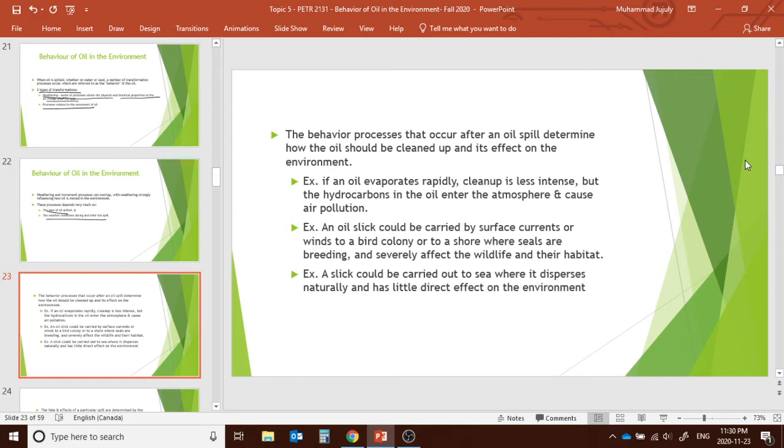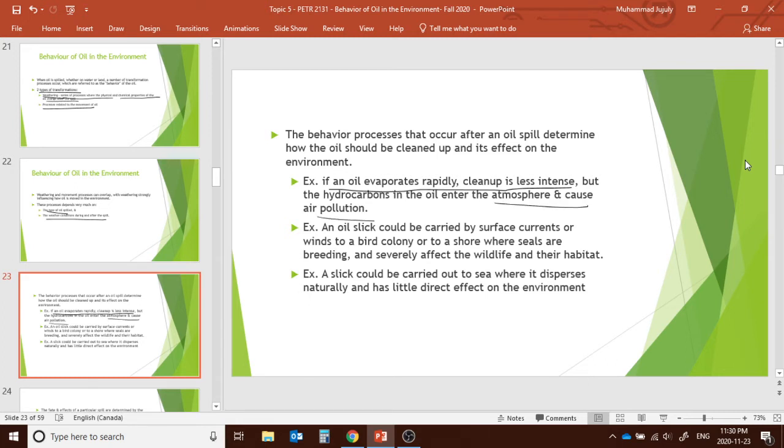The behavior process that occurs after an oil spill determines how the oil should be cleaned up and its effect on the environment. If an oil evaporates rapidly, cleanup is less intense. For instance, gasoline. Why? Because the oil could evaporate. But the problem is the hydrocarbon will enter the atmosphere, as I said, and it causes air pollution.